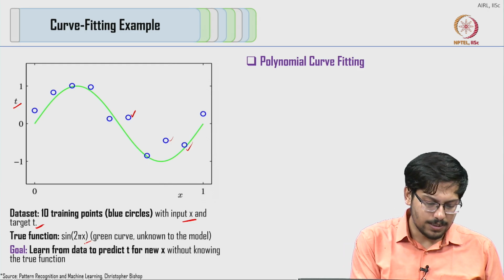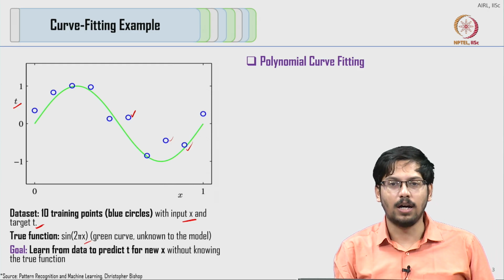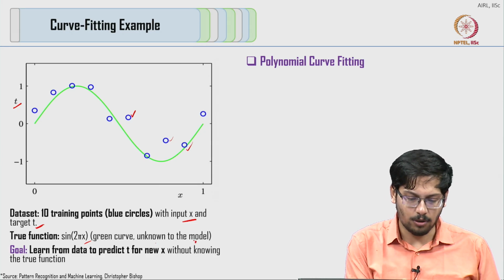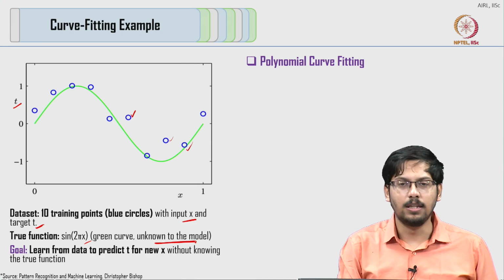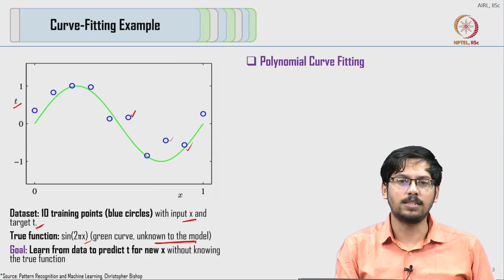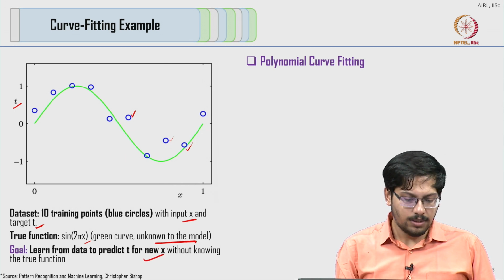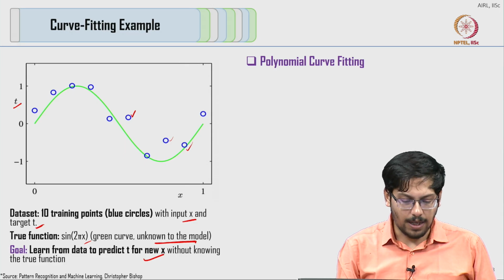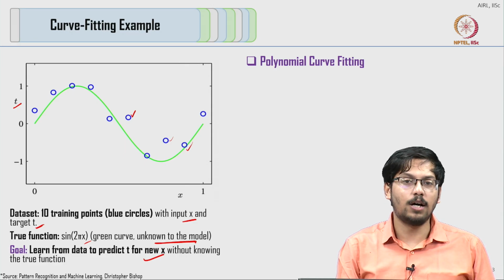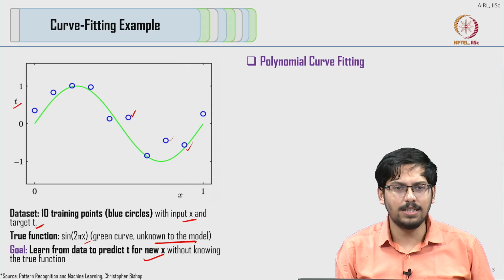The true function is sine 2 pi x, which is for us to know, but it is unknown to the model. The goal is to learn the set of learnable weights w so that we can approximate this curve, right, and essentially learn from this data so that we can predict for any new x without the knowledge of the true function, and any new x which could be highlighted as the test set.